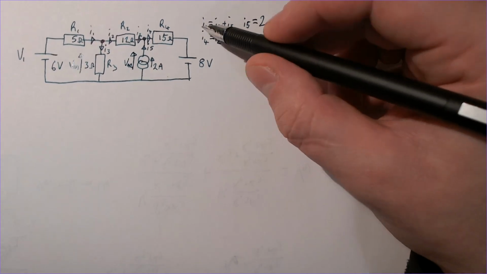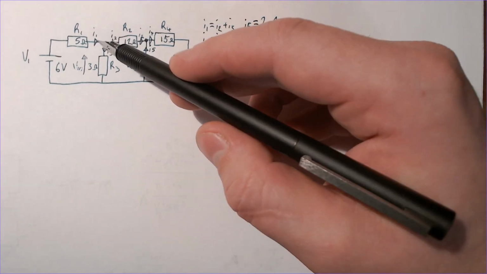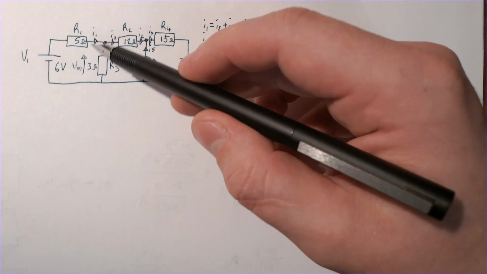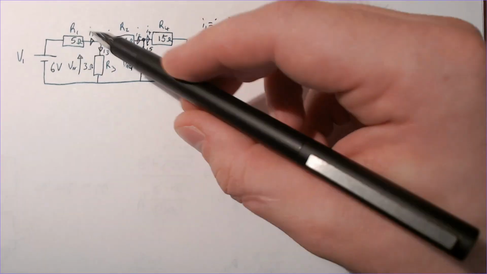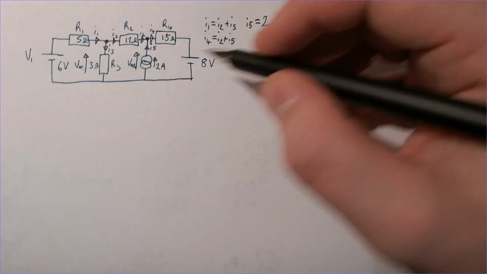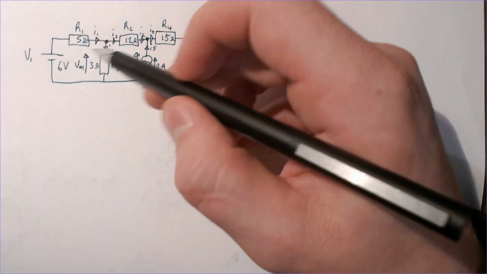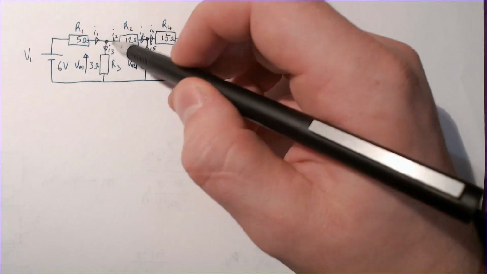So what else can we work out about these currents? Let's find the representation of these currents as voltages and resistances. So that's flowing that way, so V1 will have to be higher than Vn1 to make that positive.